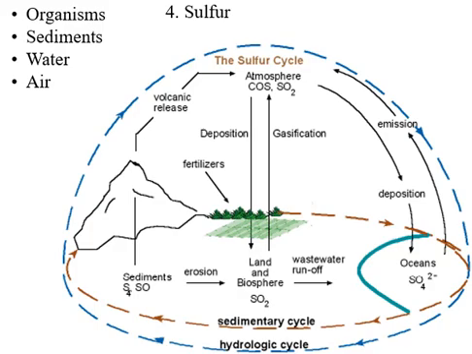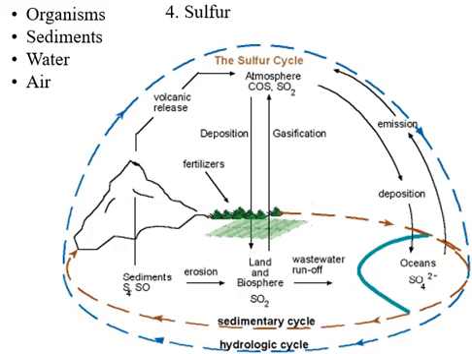So sulfur is another example like carbon, where you see this element that, one, is found in living things. Two, it's found in sediments or rocks. Three, it's found in the water. And four, it's found in the air. So this sulfur, as we saw with carbon, is a biogeochemical cycle, partly in biological things, partly in geological things.